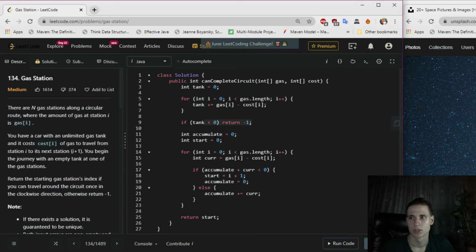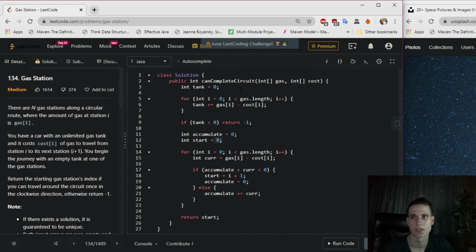We initialize accumulate, which means the amount of fuel up to the current position of I, and start means the position of gas station. Then we create a for loop.